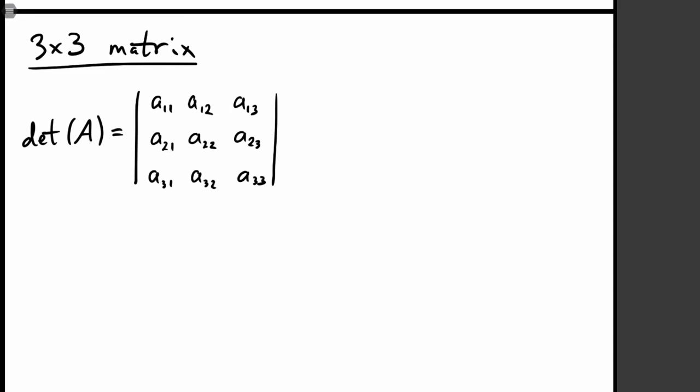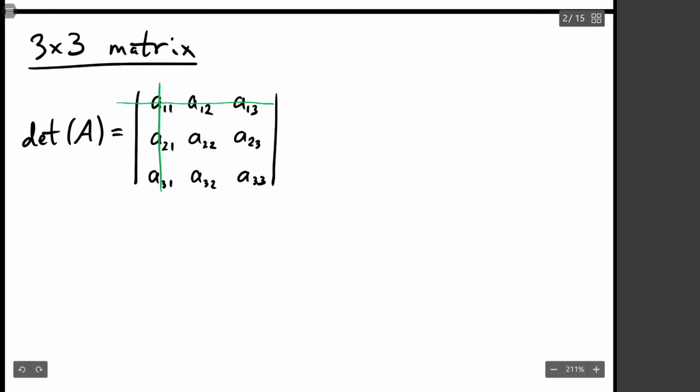What we're going to do is imagine that we get rid of this first row and this first column. Let me just cancel this. So we get rid of the first row and the first column.